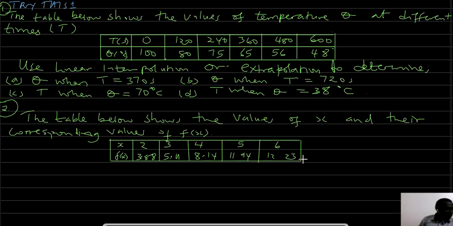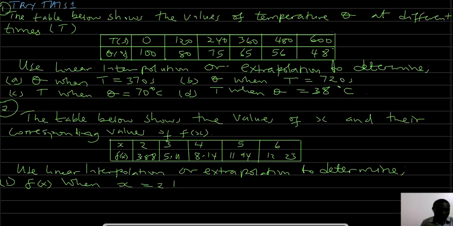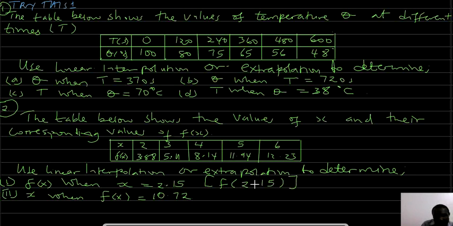They need us to use linear interpolation or extrapolation to determine the value of x when fx is equal to 2.15. It means the same. It means that the value of x is 2.15.